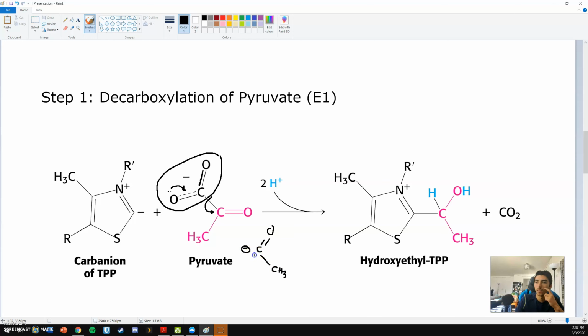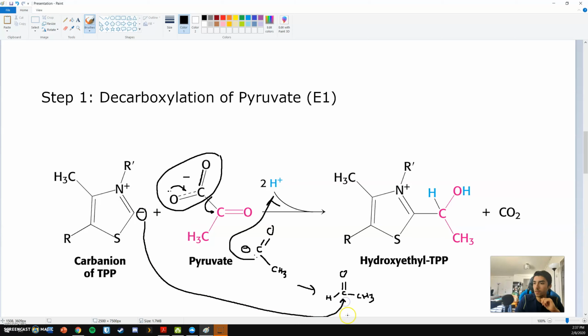right? The lone pair, and so what happens is that this lone pair can then grab onto a proton such that we form an aldehyde. Okay, now the TPP, the carbanion form, performs a nucleophilic attack on this carbon.